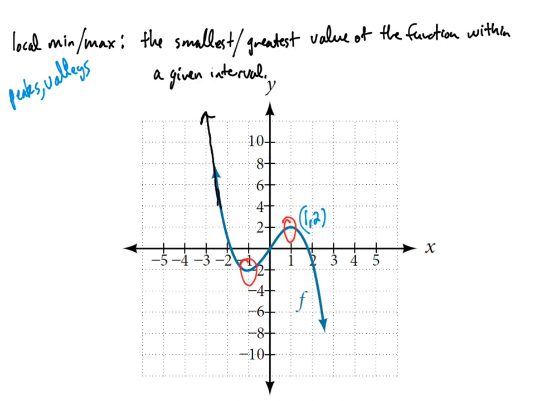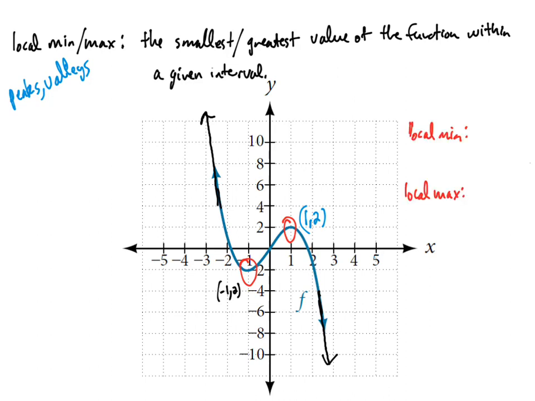Similarly, the point negative 1, negative 2 is not the absolute minimum value of the function, because this function continues to decrease down here. So local maxes and local mins are just the peaks and the valleys of the function, and that contrasts with an absolute max and an absolute minimum value.